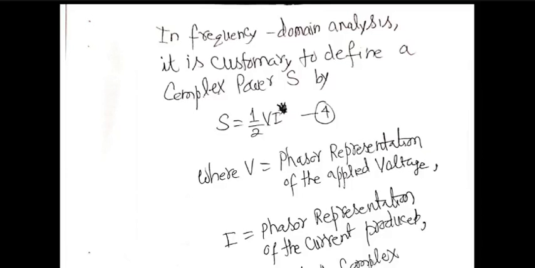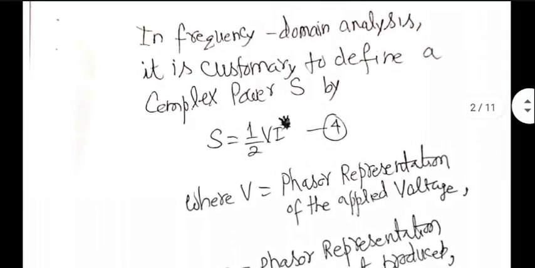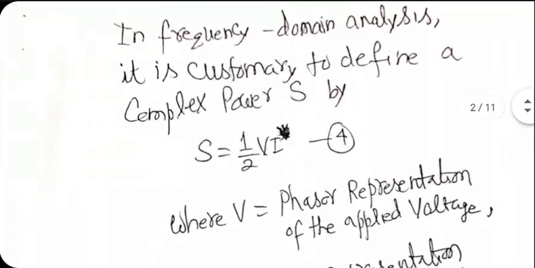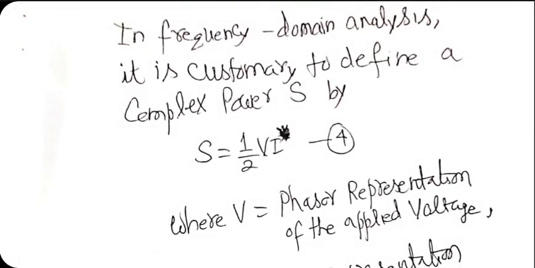That fact is captured in phasor domain by using a concept called complex power. We will represent complex power by capital S, and we would define it as 1/2 multiplied by phasor for the voltage across the load and phasor for the current in the load, but with complex conjugate.